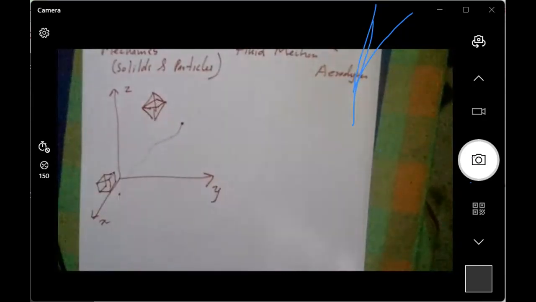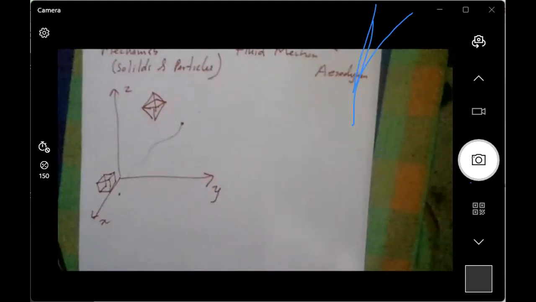Change its orientation. Got the point? It can rotate while it translates. That problem is not there if it is a point, right?